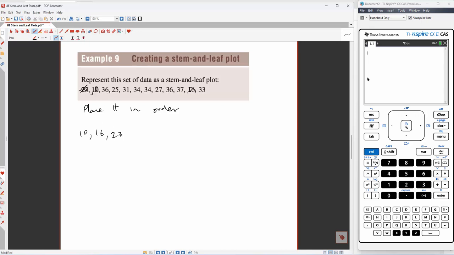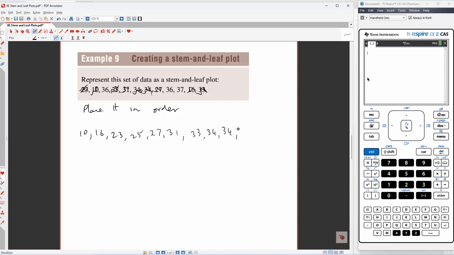I'll probably make a mistake somewhere, but anyway. 25, I think. 27. Then it looks like it's 31. 34, no, I missed 33, there it is. 34, 34, so that happened twice.